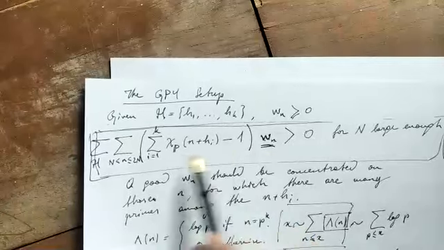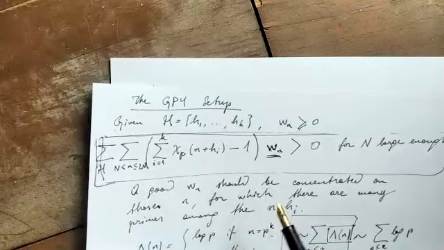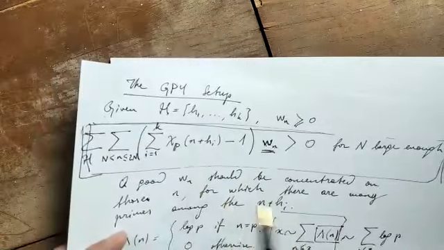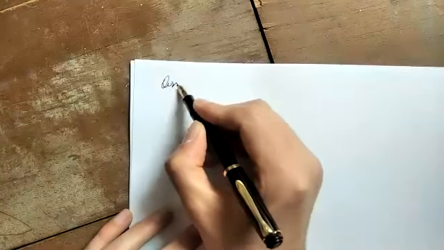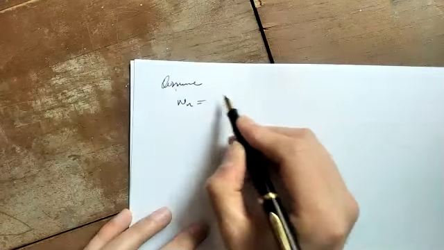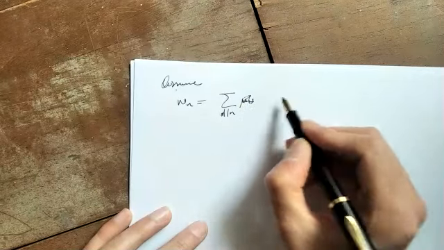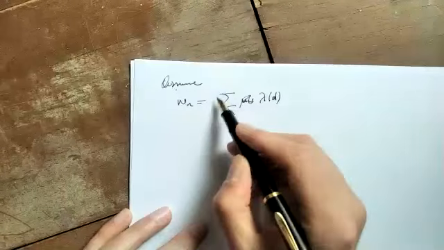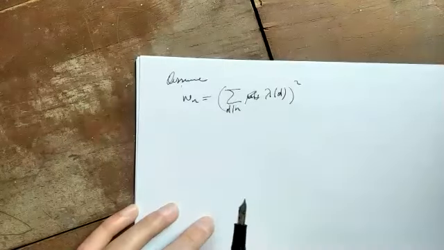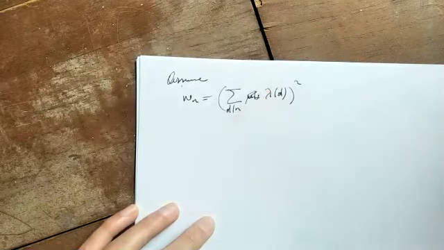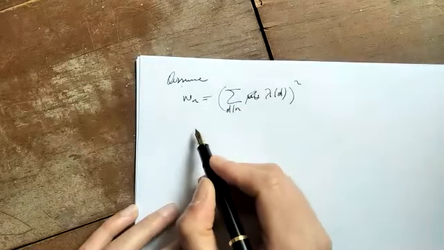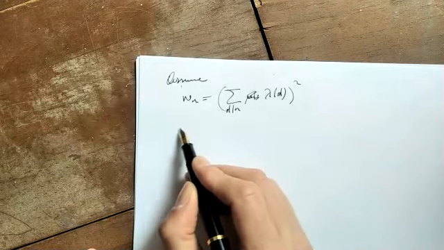Basically, when you expand these, distribute these W_n's and split it into 2 sums, assume W_n is given by a sum over divisors of n of something. It's not important what it is. Squared. When you distribute that weight and obtain 2 sums, the forms of the sums you have are the following.